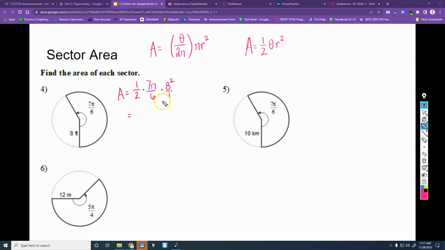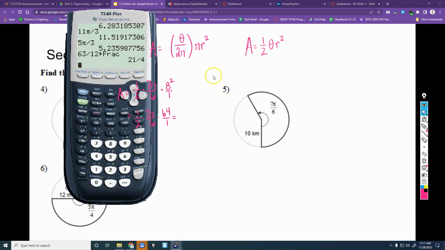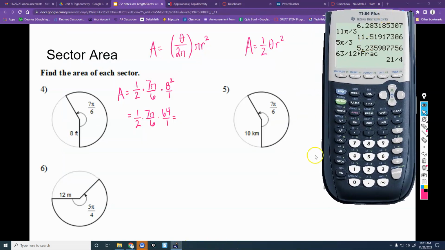Probably before I multiply stuff together, I'm going to do 1/2 times 7 pi over 6, and I'm going to go ahead and square that 8, so I'll have 64 over 1. And so when I do this, I'm just going to multiply straight across there. Don't include the pi when you put it in your calculator. We're going to do 7 times 64. It's probably going to give us a pretty big number. We got 448. So 448 pi over 12.